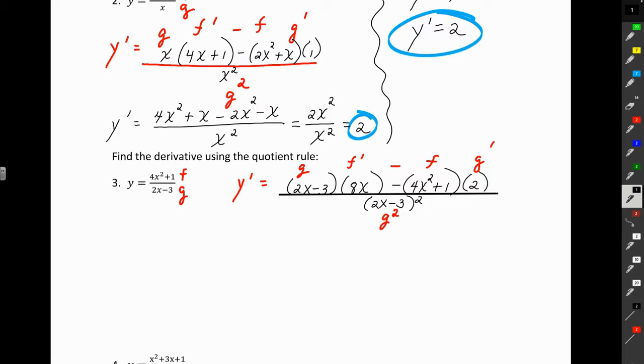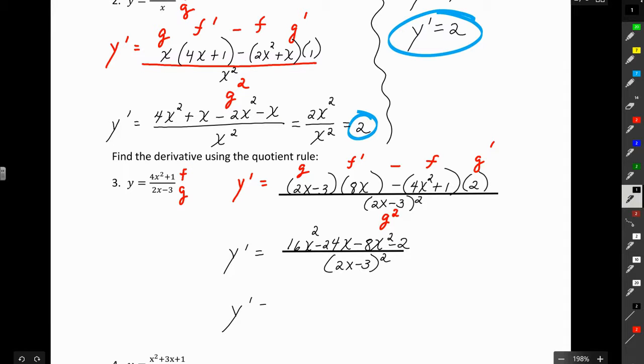You don't have to FOIL out the denominator. And final step, we're going to combine like terms in the numerator. All right, and that's it for number 3.